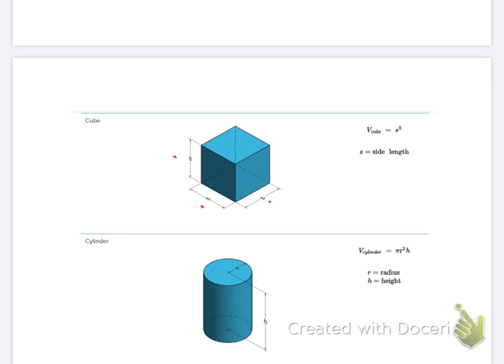All the measurements are exactly the same. Look at the cylinder. The cylinder's volume is going to be pi r squared times height. So again, if you're given diameter instead, you've got to make sure you make that conversion so that your numbers are correct. Okay, let's go on to the next page.